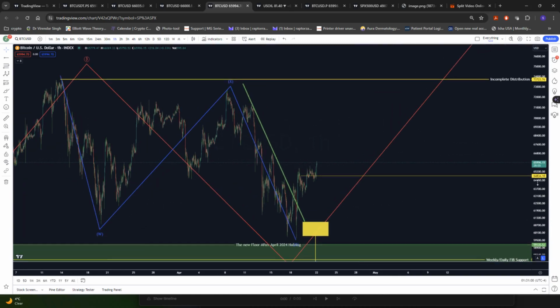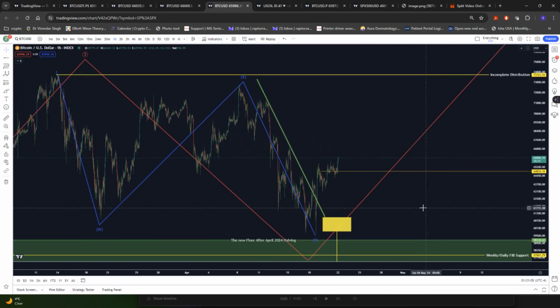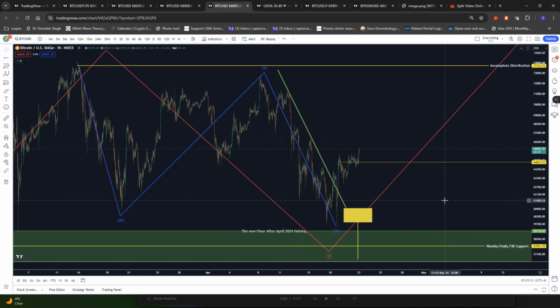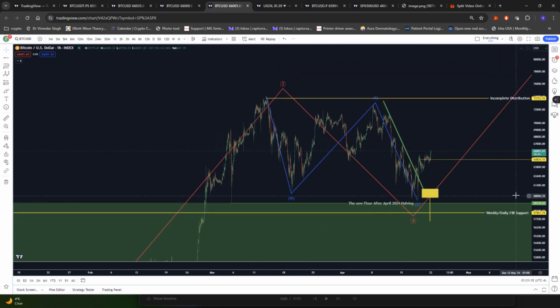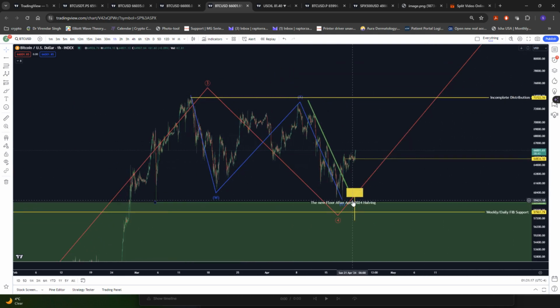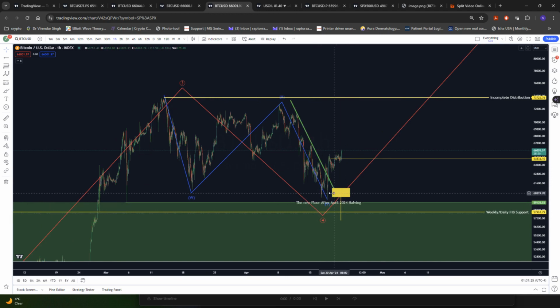So this video is a continuation of the analysis that I posted in my previous video. Sorry, I had to cut it short. I was talking about this move, this WXY correction. What happens is at the end of Y, we either enter short or long based on the type of impulse.